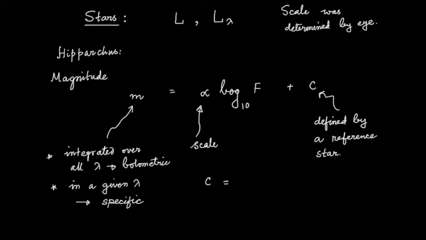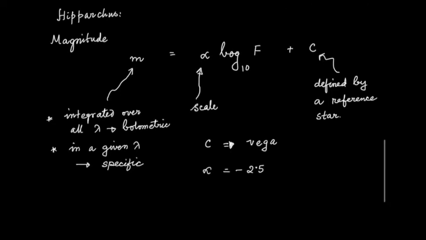C was chosen, the star for which this C was fixed, the magnitude was fixed to 0, is the star Vega. And alpha was chosen to be minus 2.5. The consequence of that is that anything you have with brighter flux will have a lower magnitude.